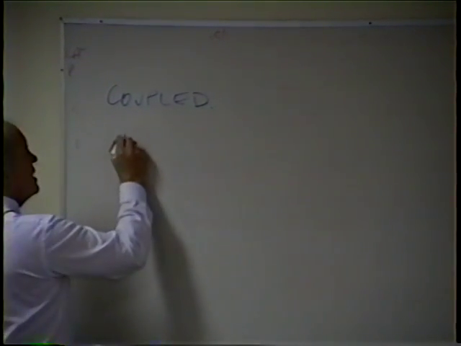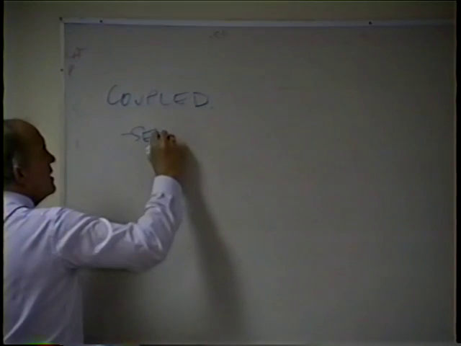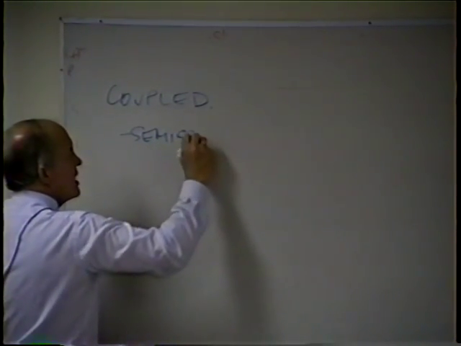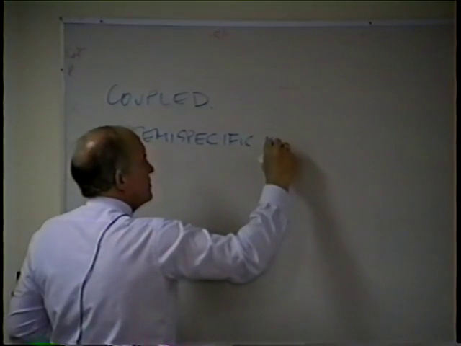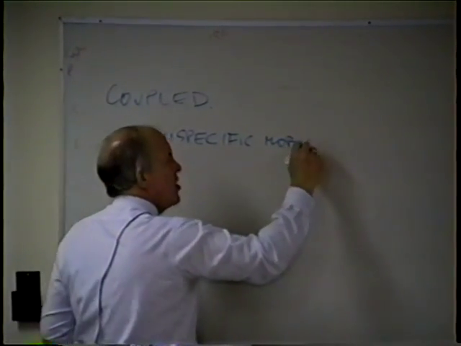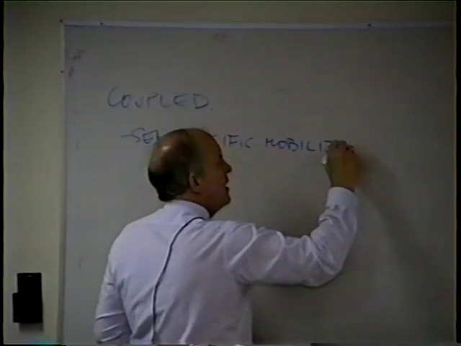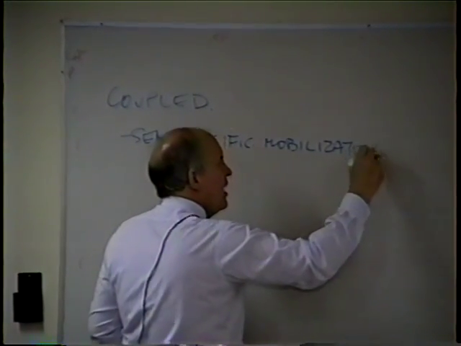And if we use those kinds of coupled movements, what it gives us is a semi-specific mobilization. In other words, we're trying to mobilize over an area and not to stress it too much. We're trying to encourage it to go in its direction.